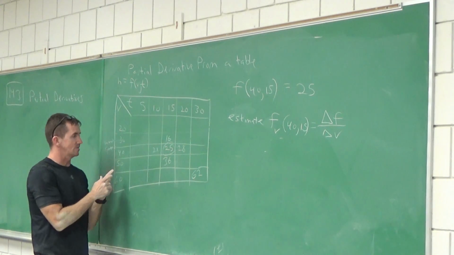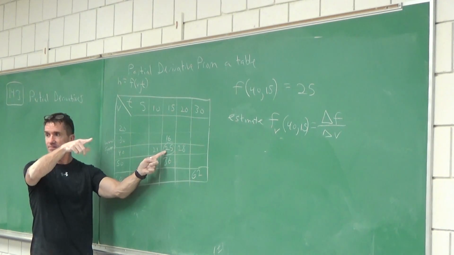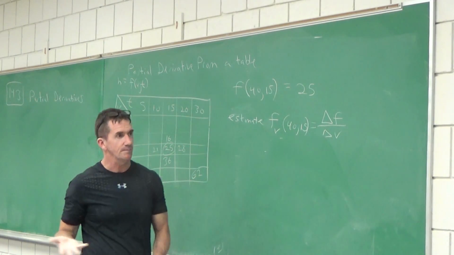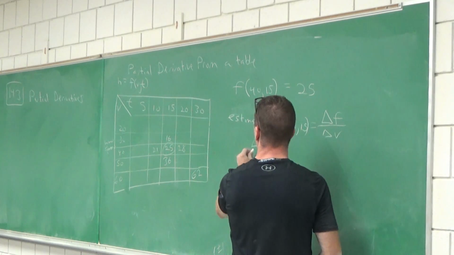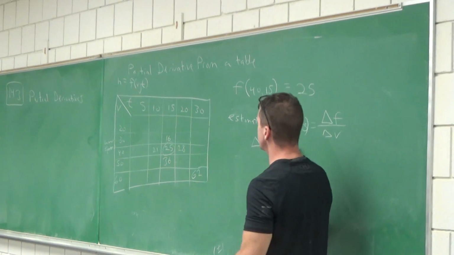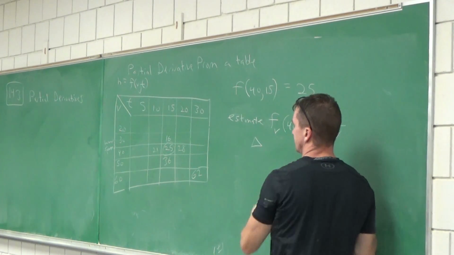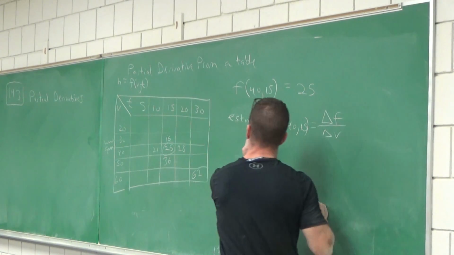One way I could do this is 36 minus 25 over 50 minus 40. Will that work? Take the closest you can to the 25. So one thing I could do for change in F over change in V, I could say 36 minus what?